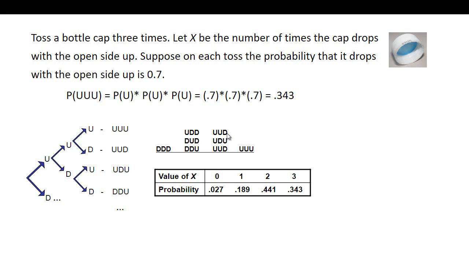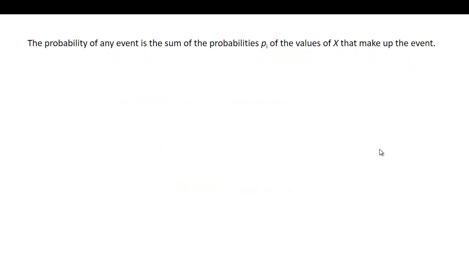And then the probability of the other 2 would be the same. And if you add them up, you get 0.441. So the probability of any event is the sum of the probabilities of the values of x that make up that event.